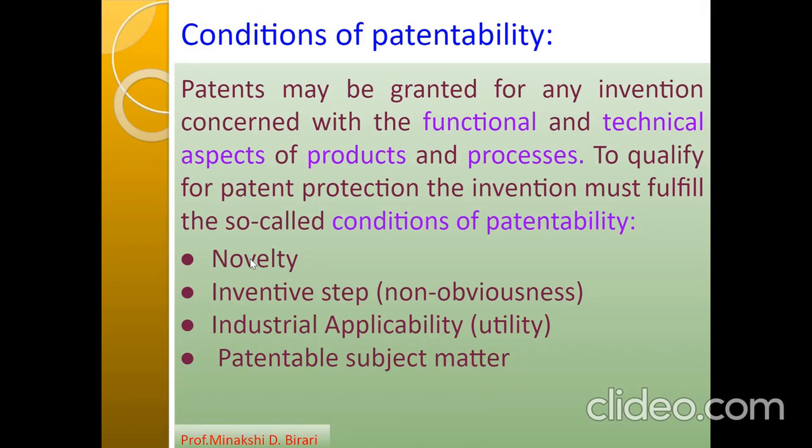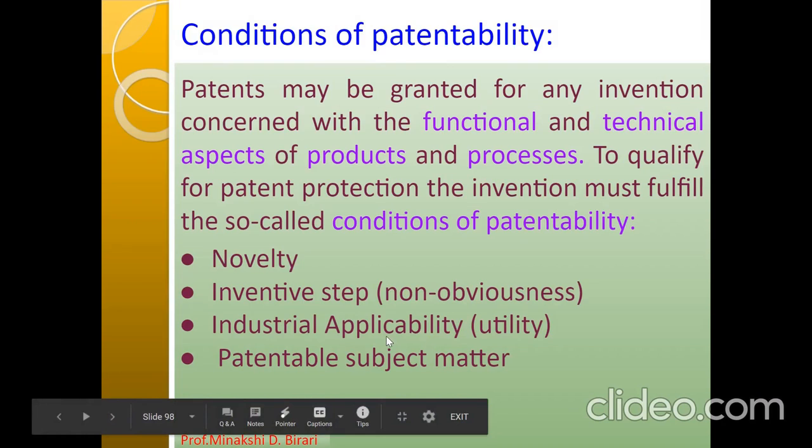It should be new or novel. That means the invention should not be publicly known in any way, anywhere in the world. It should be novel. Then inventive step or non-obviousness. The invention must be an improvement over any existing product or process that is already available.